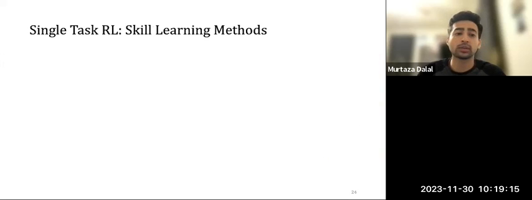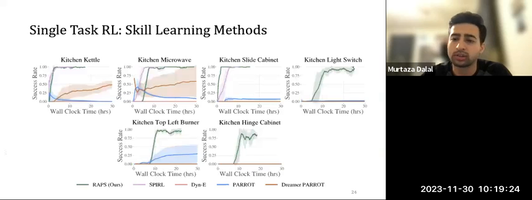Now let's compare against some of the prior work that's more relevant to our direct method, which is skill learning. We evaluate against state-of-the-art skill learning methods, SPiRL, DINE, and PARROT, which use demonstrations to learn primitives. On the easier tasks, these methods can somewhat match the performance of WRAPS, at least on kettle, microwave, and slide cabinet.